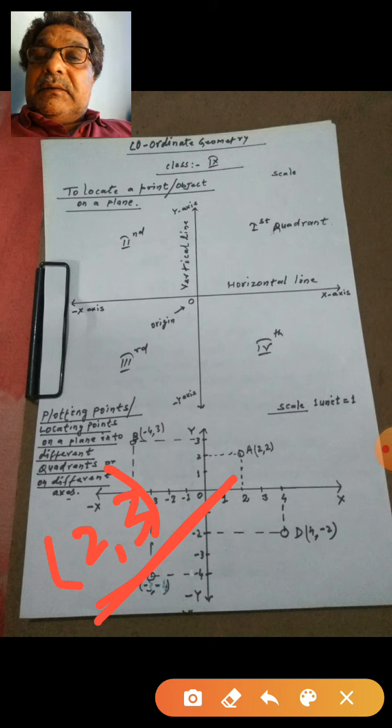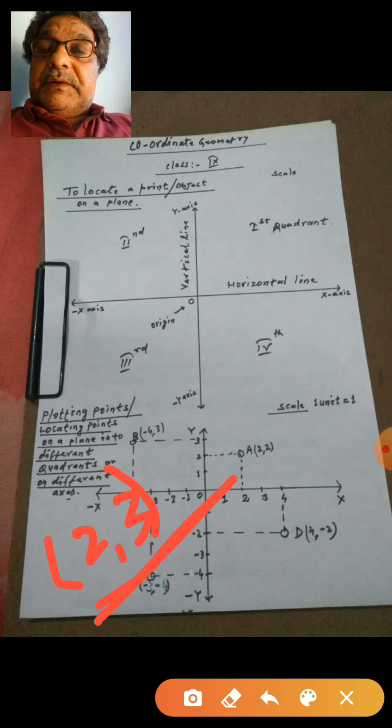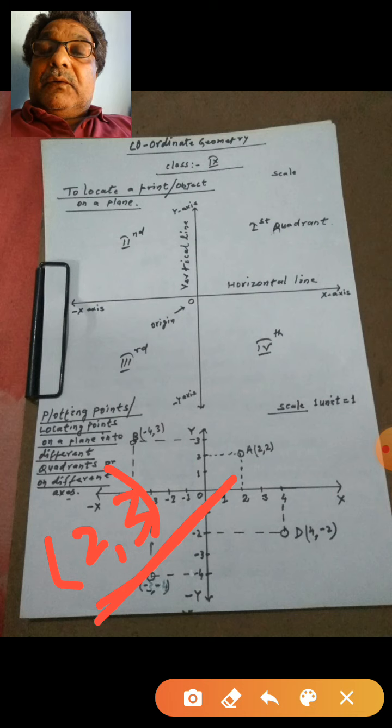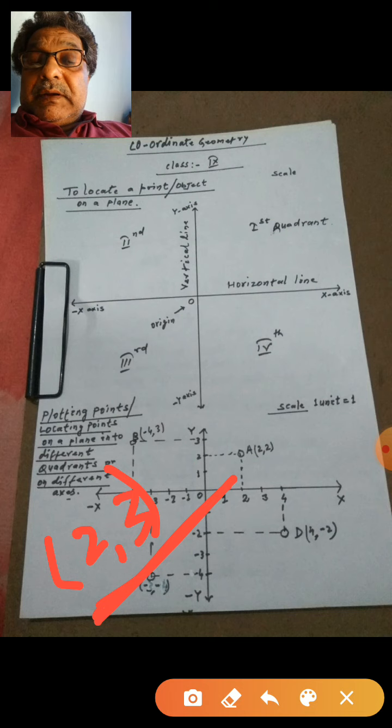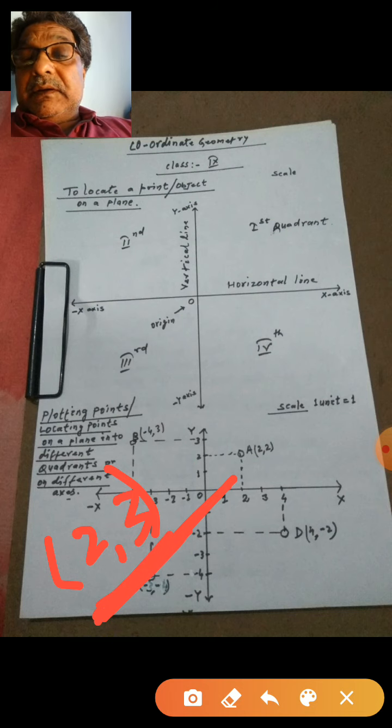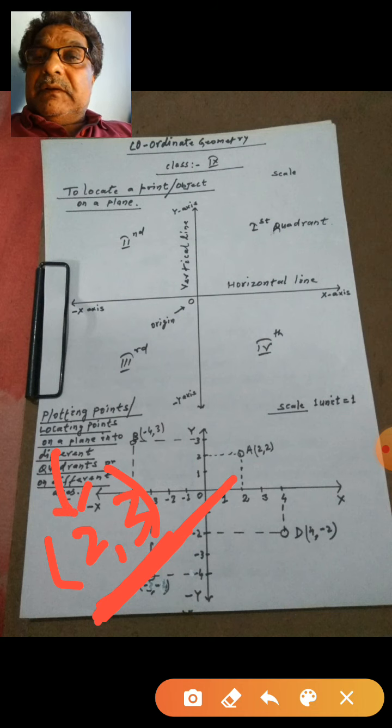So whenever we talk about a point in this geometry, we get the meaning that there is a pair of values written inside a bracket, with a comma between them. These two values are called the coordinates of a point. The first value is called the x coordinate, whose other name is abscissa.